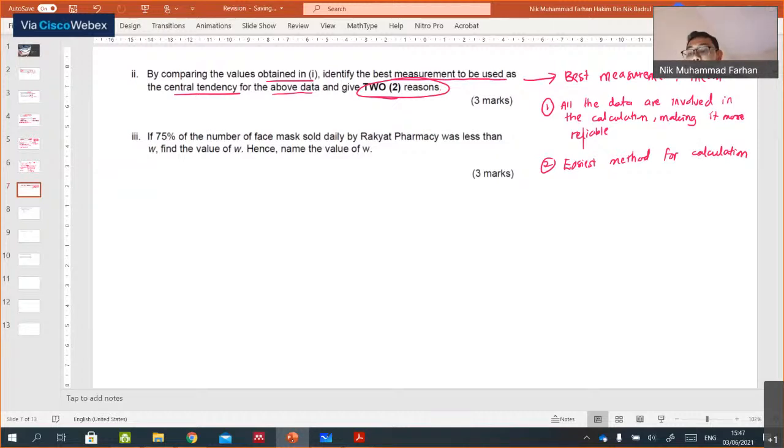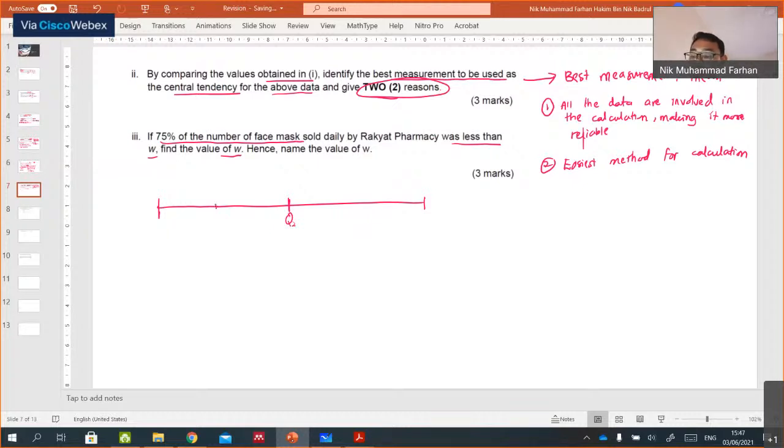Okay, third question: if 75% of the number of face masks daily was less than W, find the value of W. Actually we need Q1 or Q3 here. Let's read back our chart. Suppose Q2 is the median.